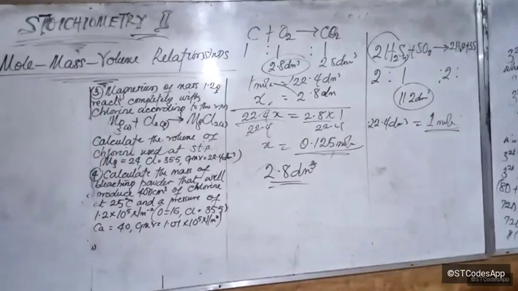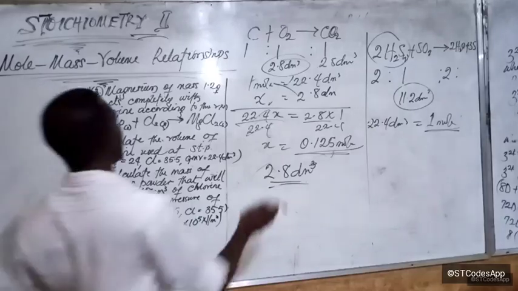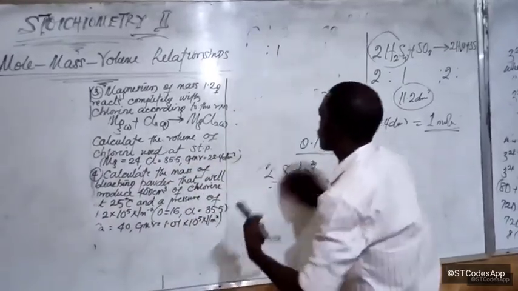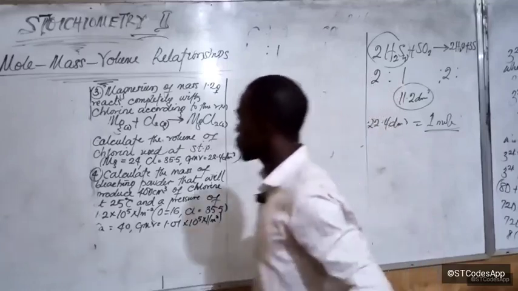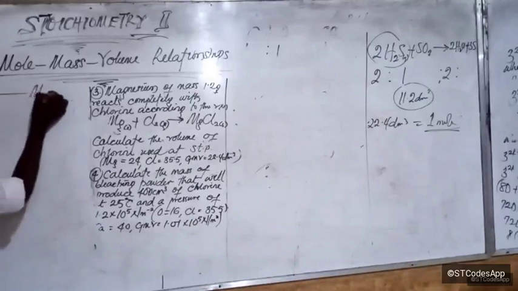Question 3 says that magnesium of mass 1.2 g reacts completely with chlorine according to this reaction, right? So we have Mg reacts with Cl2 to give MgCl2.